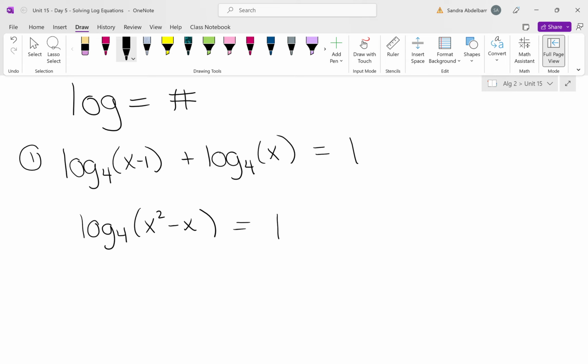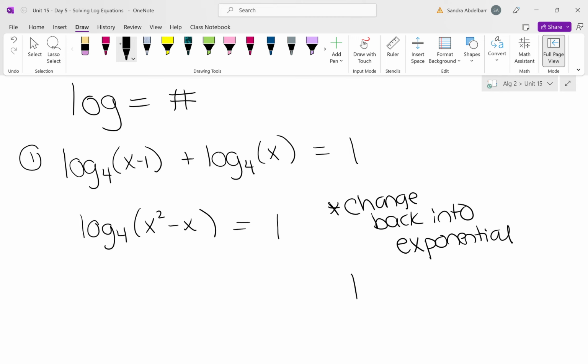What do I mean when I say change this back into exponential? Let me write it down. Change back into exponential. So what do I mean? Remember, it's log, base, answer, equals exponent.